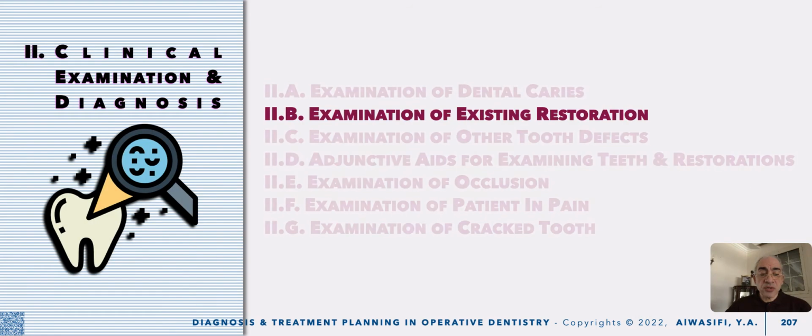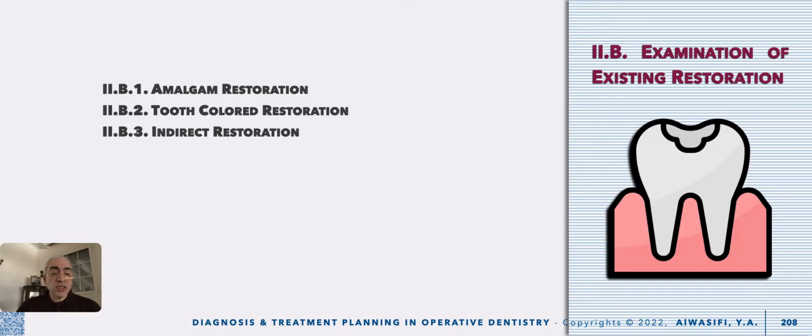Let us start with examination of existing restoration, and we will start with amalgam restoration, followed by tooth-colored restoration and indirect restoration. Amalgam is the most commonly used, and still used up till now, restoration you could find in patient mouths.